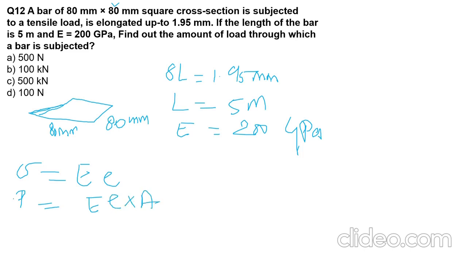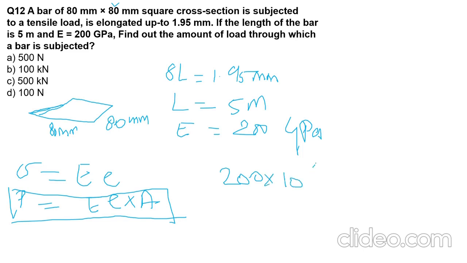So this is your equation, and you have to put down your values. It will be 200 multiplied by 10 to the power 9, multiplied by your strain, that will be 1.95 divided by 5.